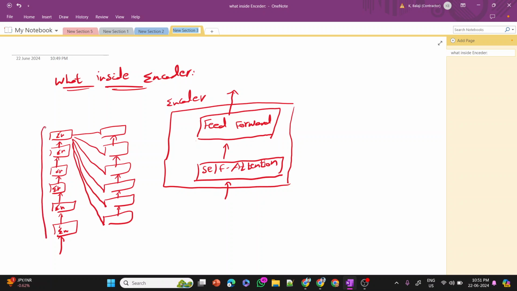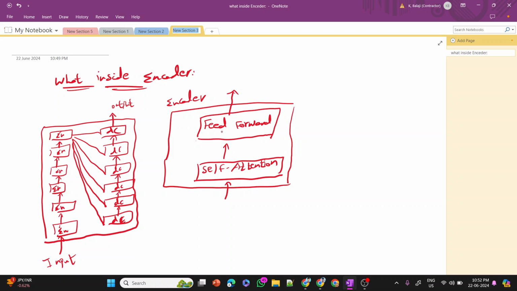Like this, the transformer block will be there, and we will get the output from the last, sixth decoder.